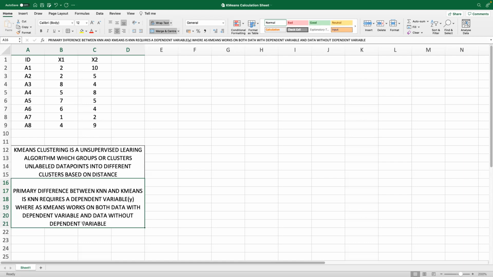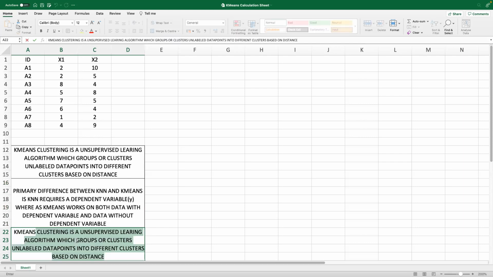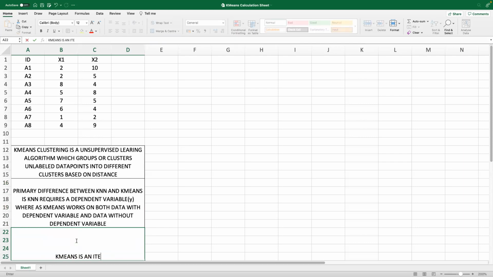Now, K-means is an iterative algorithm where each cluster is associated with a centroid. Centroid means the midpoint.